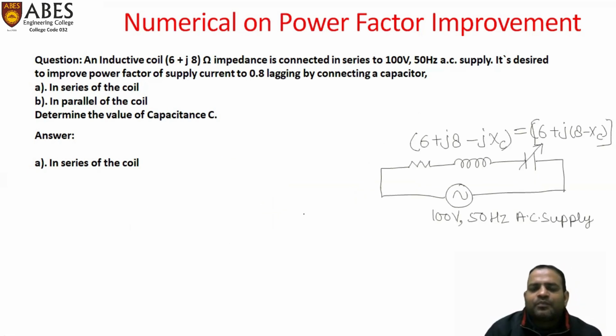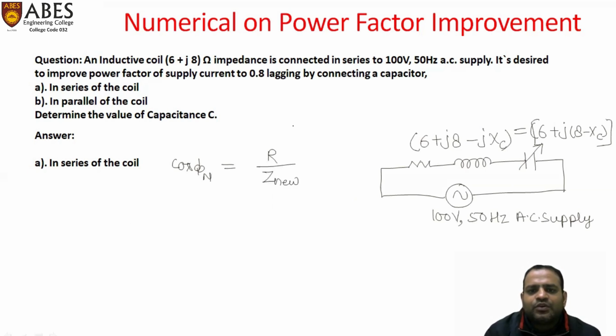This is the scenario: this is the initial coil, and we are joining a capacitor in series. So what is the new power factor? Cos phi new is again R by Z new, because R is not changed.